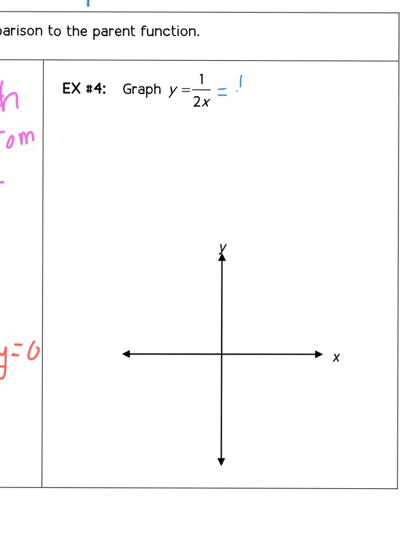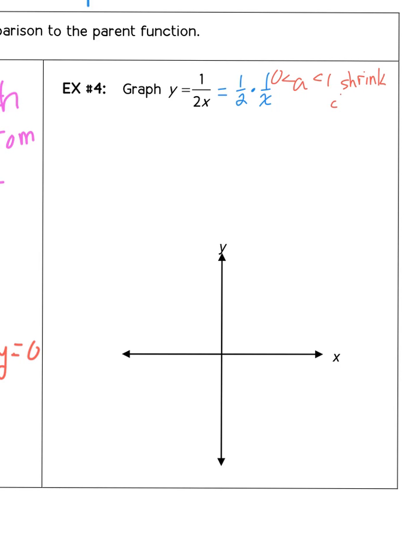So this would equal 1/2 times 1 over x, which would still give me 1 over 2x. So the reason why I did that was so you could see that this is the parent function and then a must be 1/2. So since a is less than 1 and greater than 0, we have a shrink.